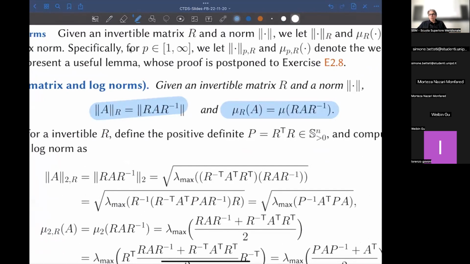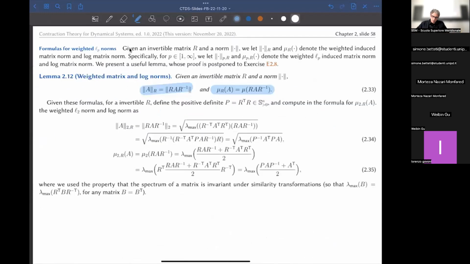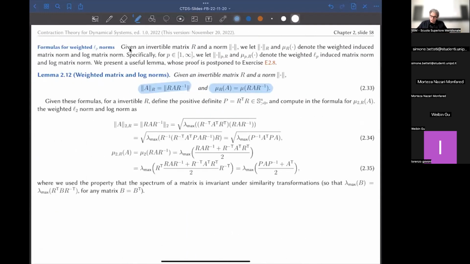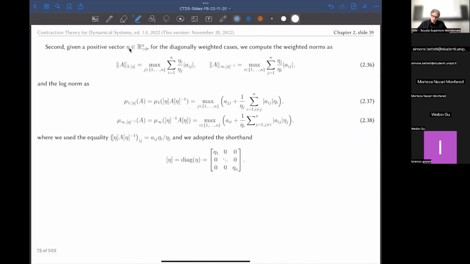There's the formula for you. It's basically a similarity transformation. If you use a weight R in a p norm, it has to be invertible. Then you're computing the induced norm and the induced log norm of the similarity transformation R A R inverse in both cases. And then there are additional specific formulas for each of the cases. I'm going to skip it.